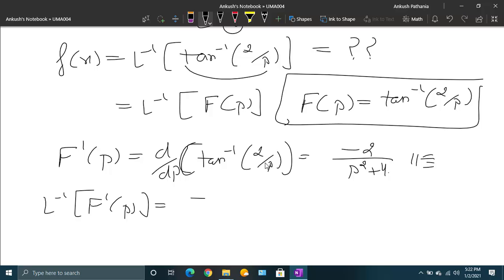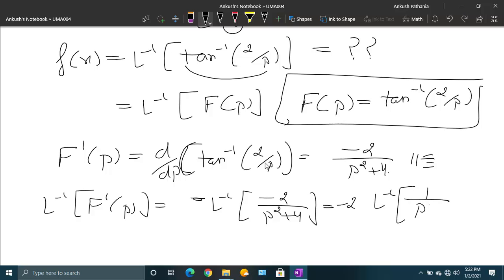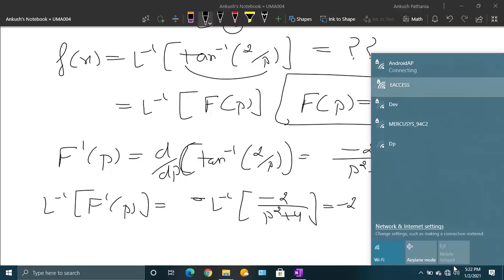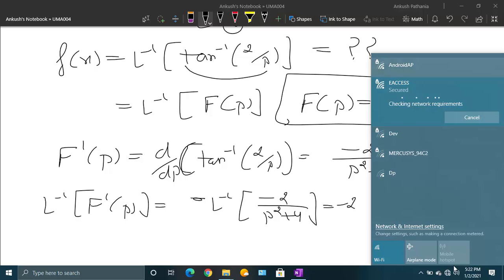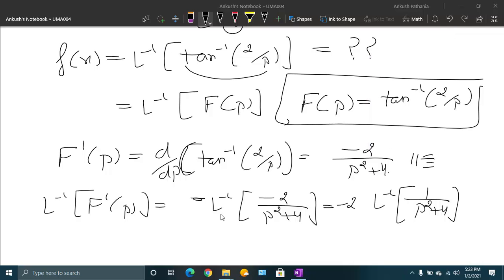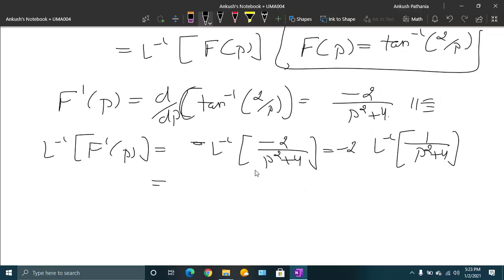This gives me Laplace inverse of minus 2 upon p square plus 4, that is minus 2 Laplace inverse of 1 upon p square plus 4, and now this gives me directly minus 2 times sine 2x by 2.